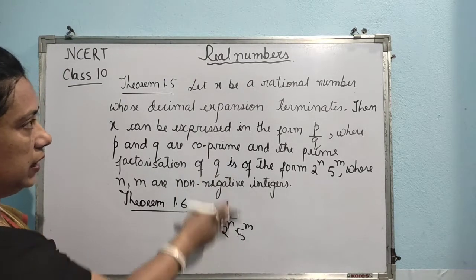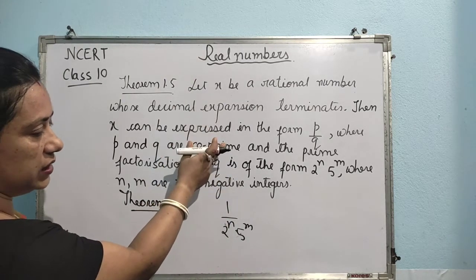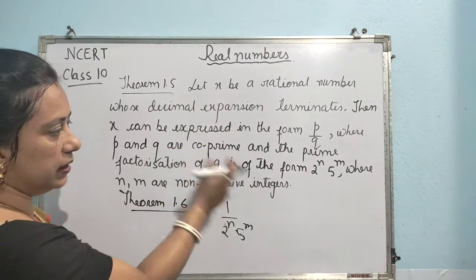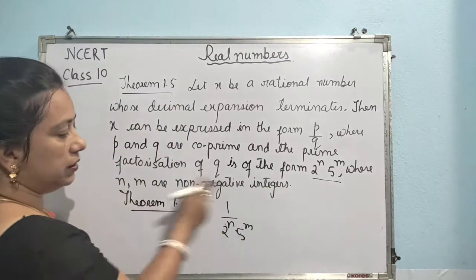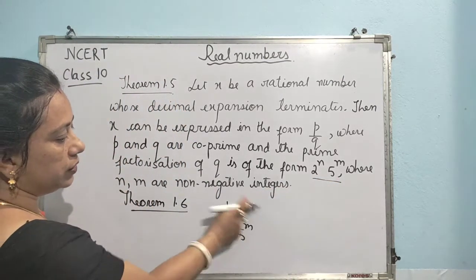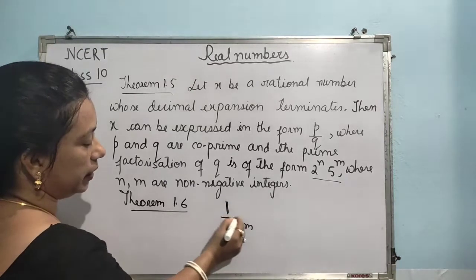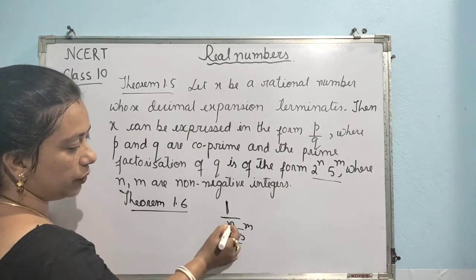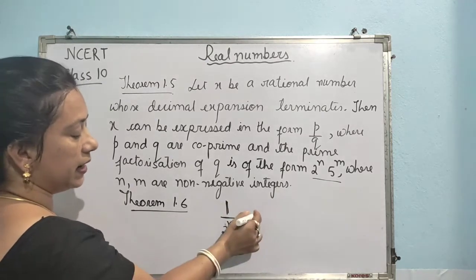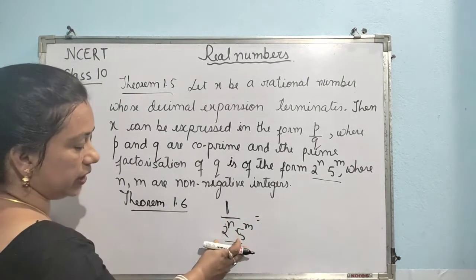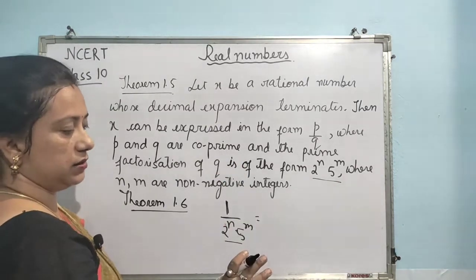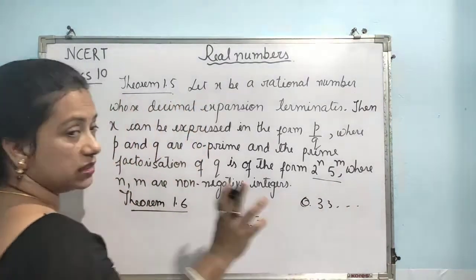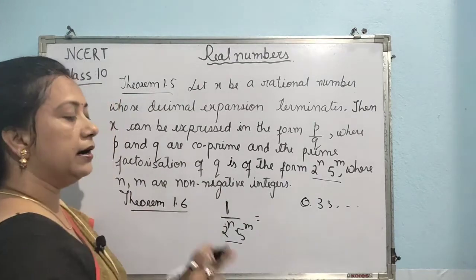Here it was told that if a rational number's decimal expansion is terminating, then the denominator will be in this form. The reverse in theorem 1.6: if the denominator q is in the form 2 to the power of n, 5 to the power of m, then the decimal expansion is definitely going to terminate. It will not be of the form 0.333, which is non-terminating. This form will not come, it will definitely terminate.